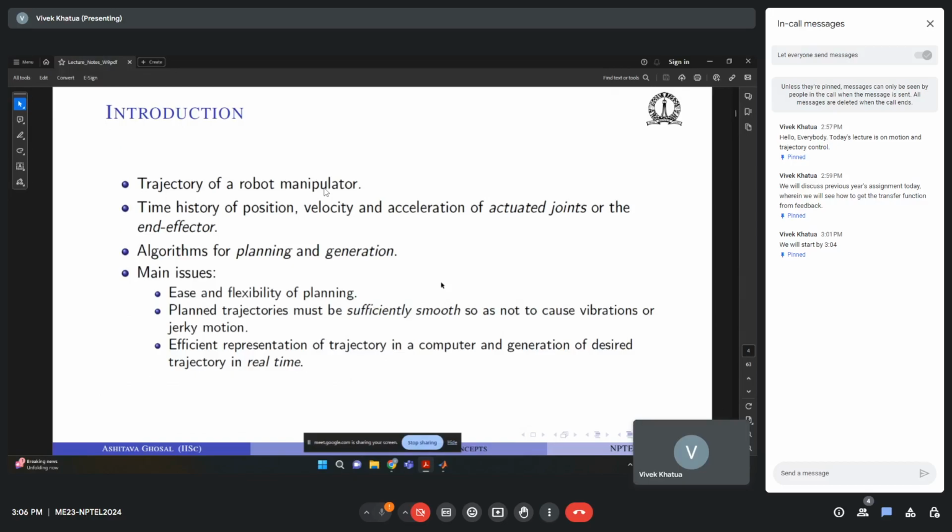The approach here is to minimize error, and that is why we would require feedback. Feedback is generally to tell you where you are, and the trajectory is where you need to be.